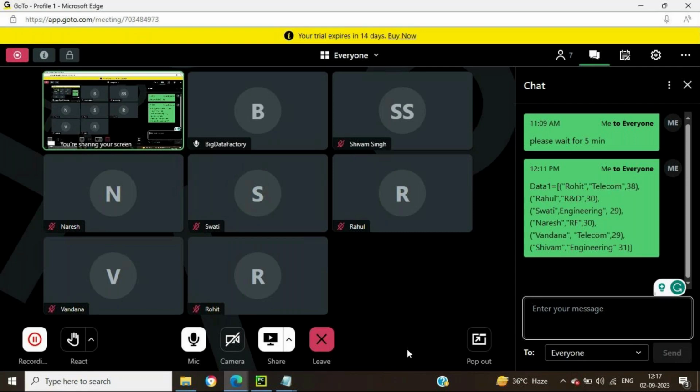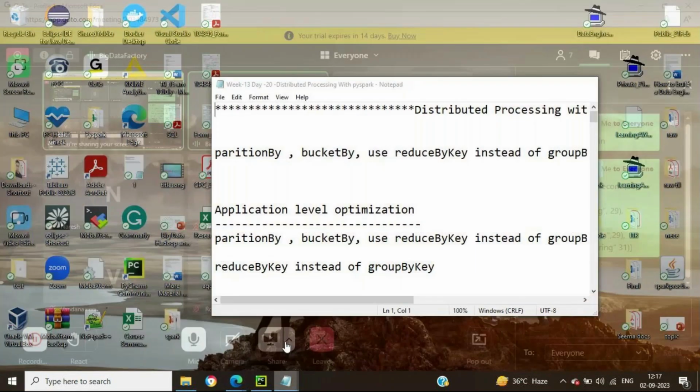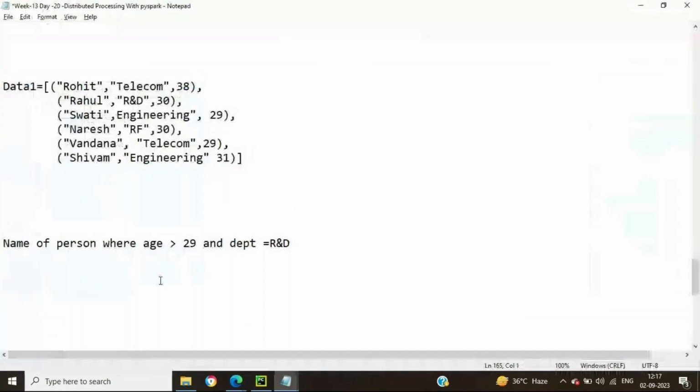And do this with data frame as well. With Spark SQL and Spark data frame, PySpark data frame. Okay.